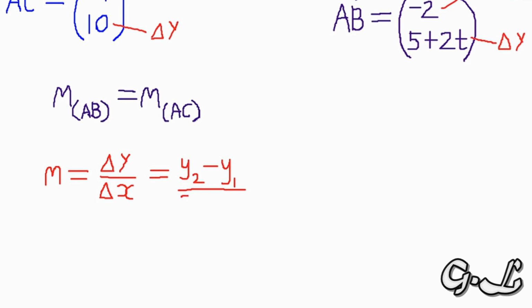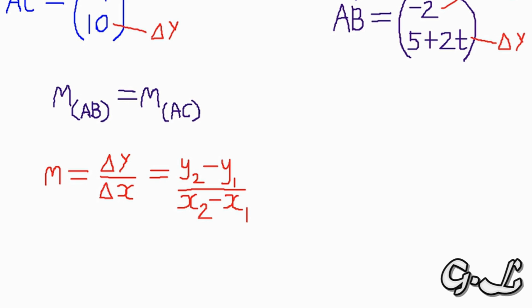And the denominator is x2 minus x1. So the change in y is y2 minus y1, and the change in x is x2 minus x1. So delta y simply represents y2 minus y1, and delta x simply represents x2 minus x1.